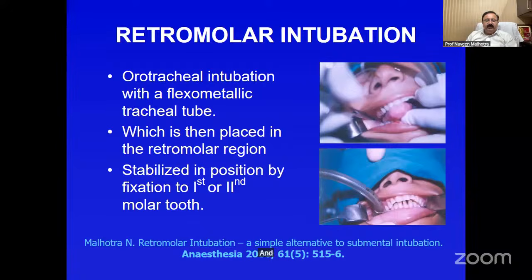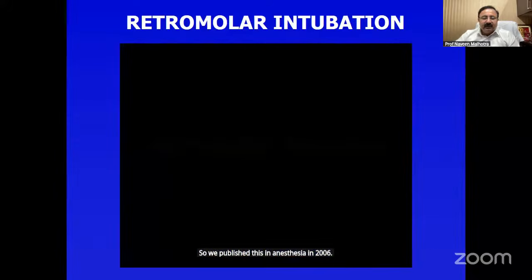And then it is stabilized in position by fixing it with the first or second tooth by a dental wire. We published this in Anaesthesia in 2006. Now let's see a video of retromolar intubation.